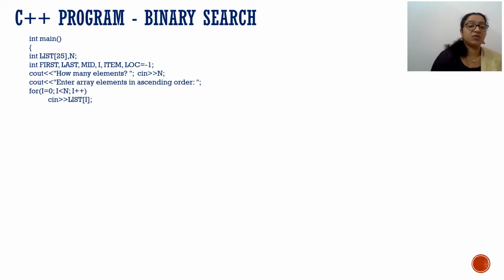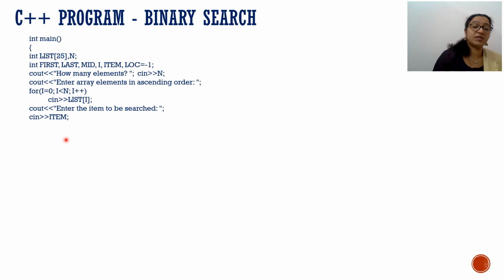Now the next is we want to search a particular element. So which element do we want to search? Enter the item to be searched. We want to input an item, that is the variable we are using for searching. Okay, so the item variable. And next we want to search it in the array. First we want to find the middle position of that array.